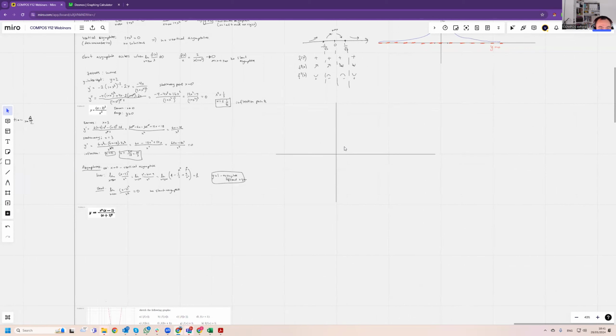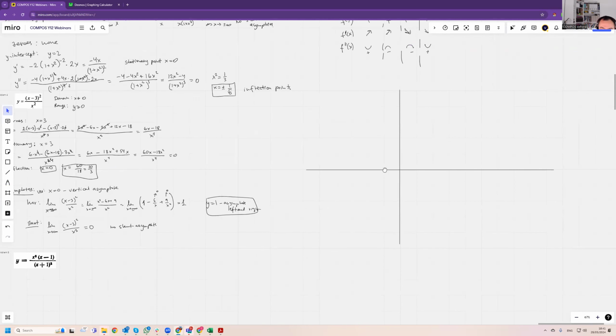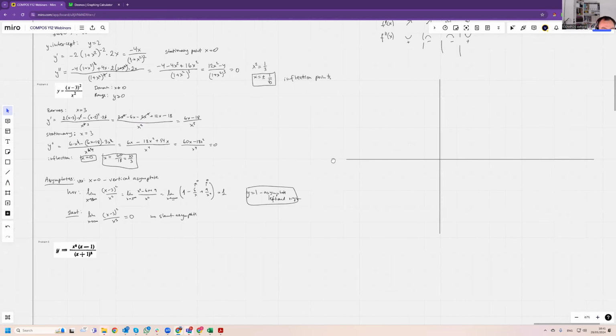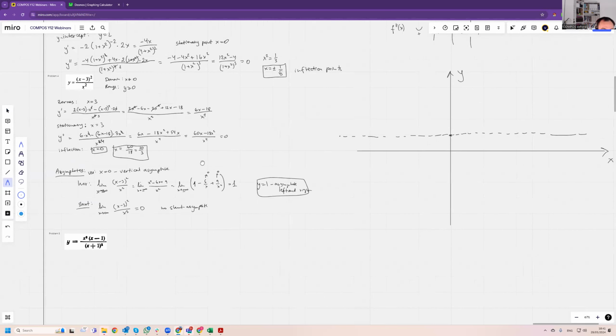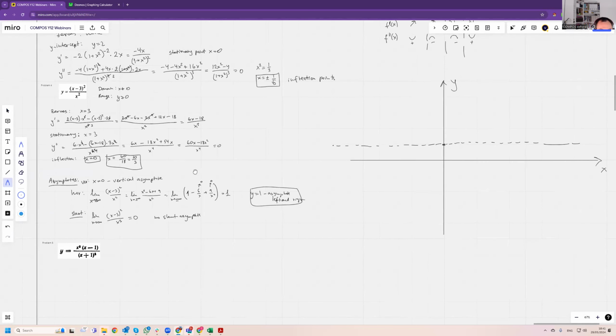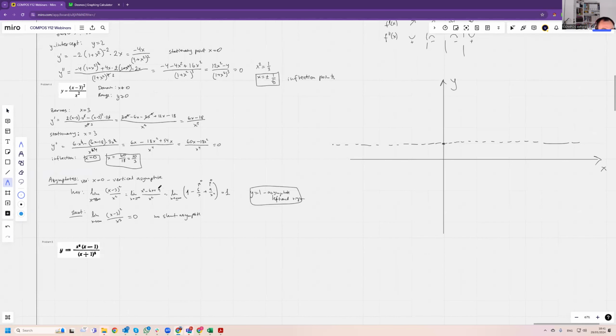All right, so do we need a table? Yeah, we need a table. Well, first of all, let's draw what we have so far. This is x, this is y. Let's have y equals 1, an asymptote on the right and on the left as well. Then x equals 0 is a vertical asymptote.